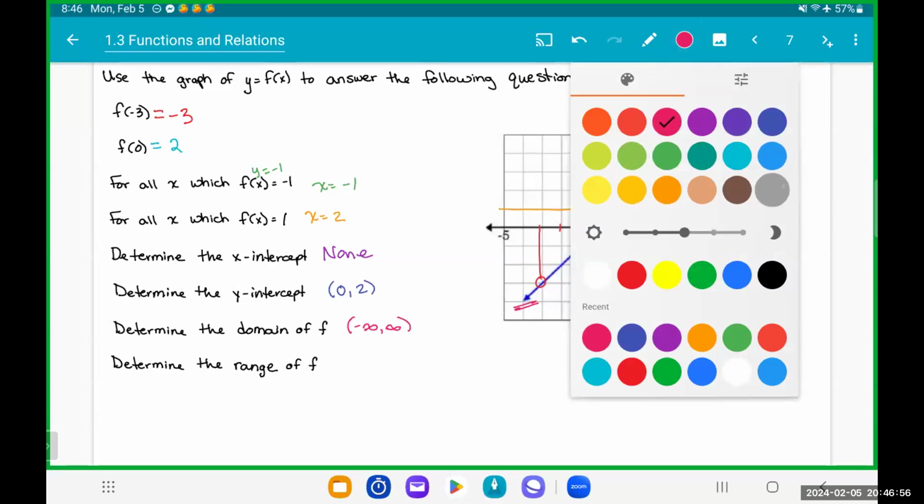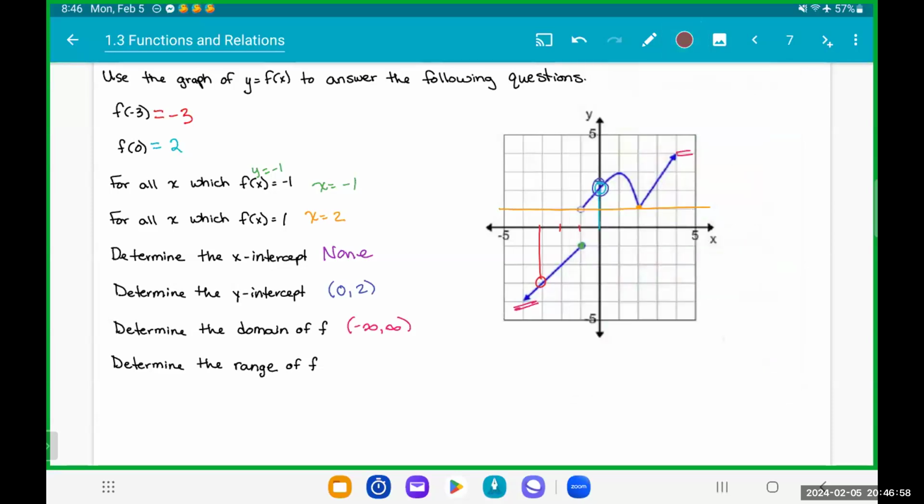And then our range, which color can we use? Let's use brown. Our range is going to go from negative infinity up to 1, right? So it has to be less than 1. So it's going to go from negative infinity to negative 1, and it can include it.